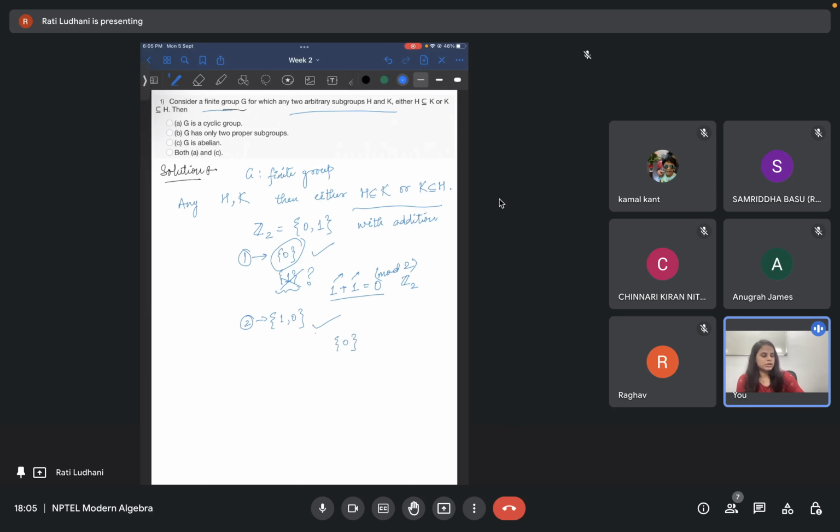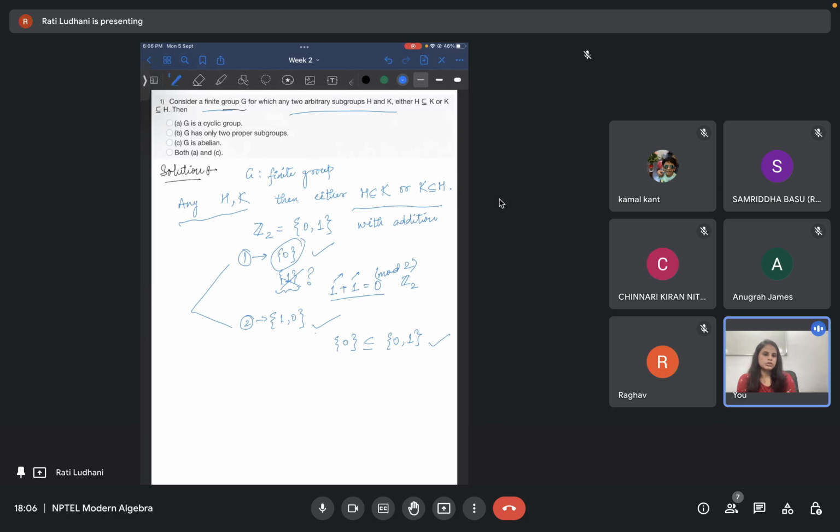If you take these two, then 0 is contained in {0, 1}. So this property is satisfied: if you take any two subgroups, then either H is contained in K or K is contained in H. Okay, very good. So we have an example for it.